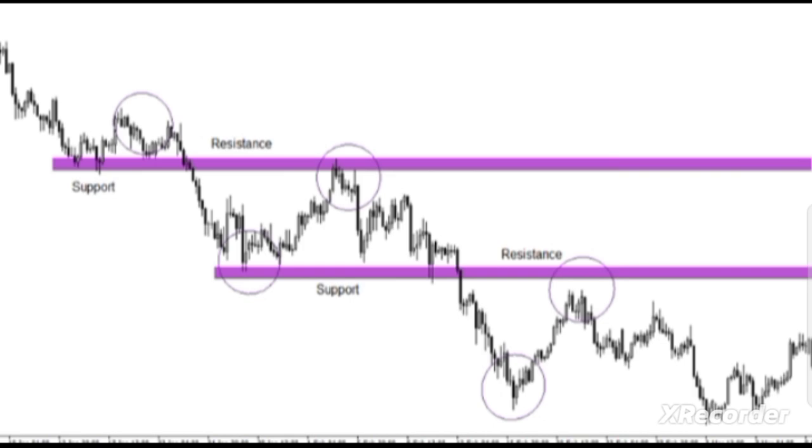The patterns it forms, the chart patterns, candlestick patterns, the patterns price forms when price gets to those levels. These are the things that make up price action.